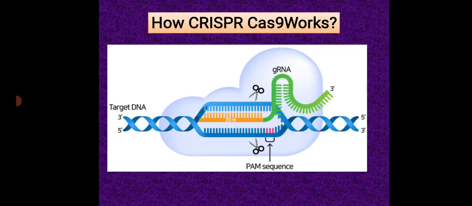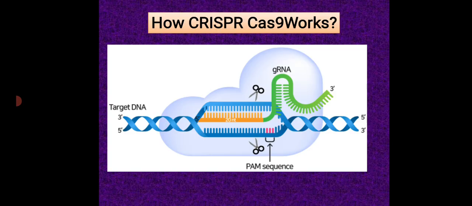In step 2, the Cas9 enzyme acts like scissors, cutting the DNA exactly at that particular spot. And in step 3, the cell naturally repairs this break. During the repair, a new gene can be inserted or an old one is disabled.